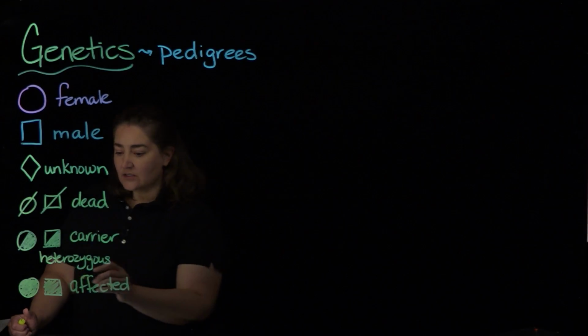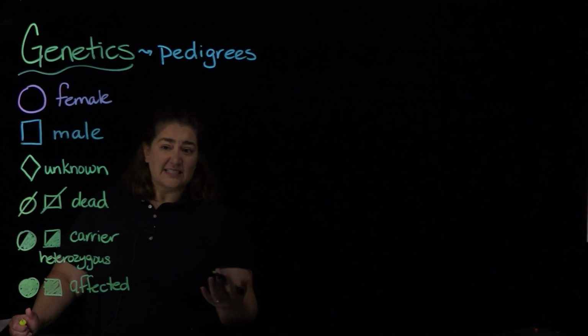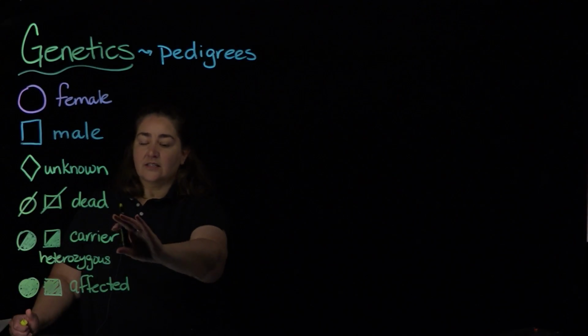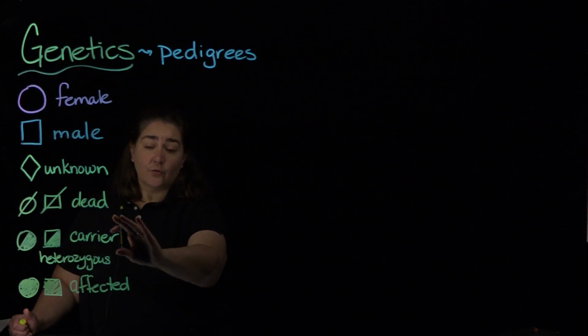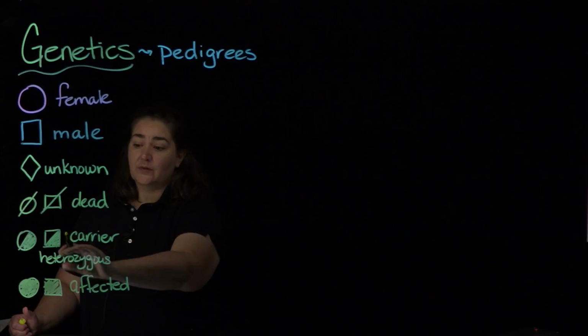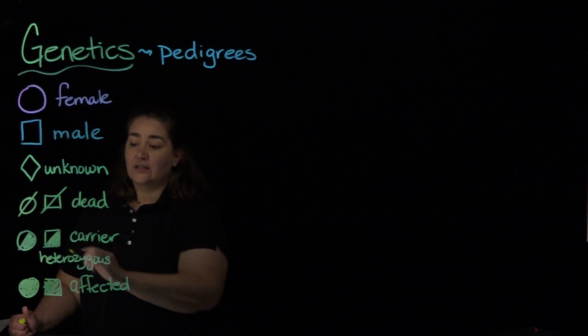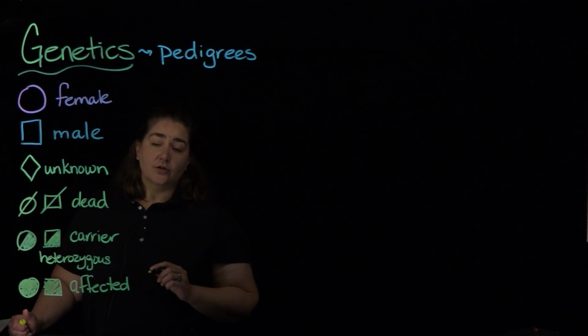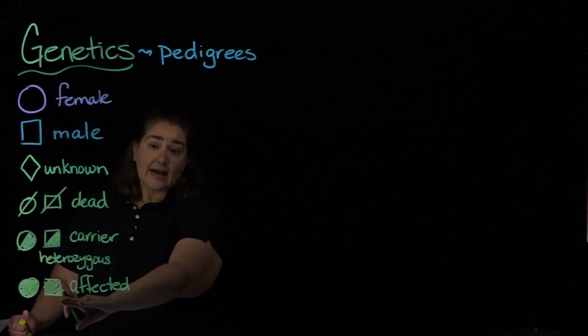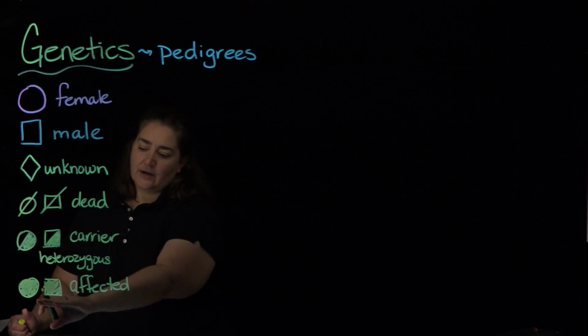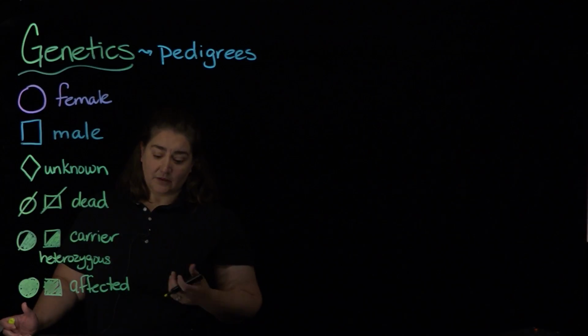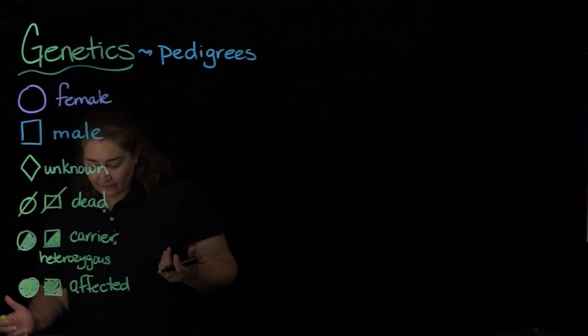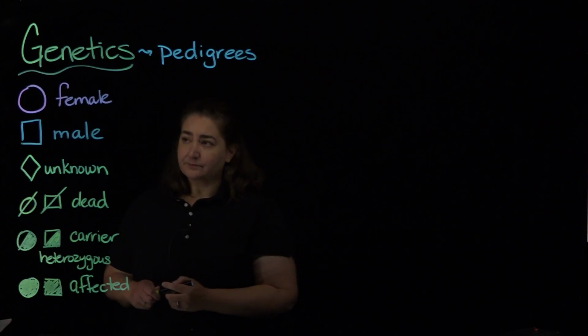So if we're talking about a disease state, somebody who is a carrier for the sickle cell trait would be denoted by the half colored in square or circle. Somebody who has sickle cell anemia would have their symbol completely colored in. That's what tells you affected.